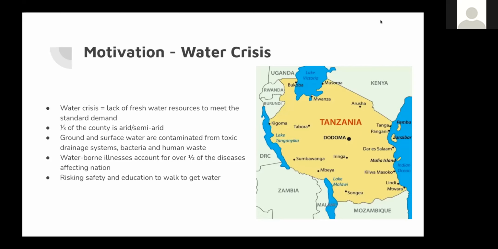Because of this, waterborne illnesses account for over half of the diseases that affect the nation. And on top of this, walking 3 to 5 miles to get water puts your safety at risk and also your education. So they get trapped in this cycle of poverty and whatnot.